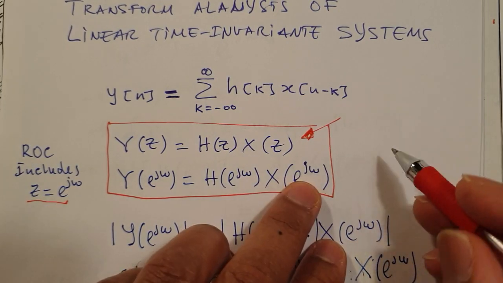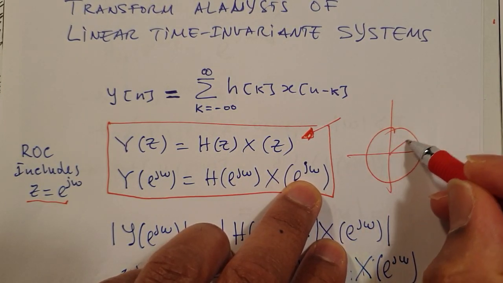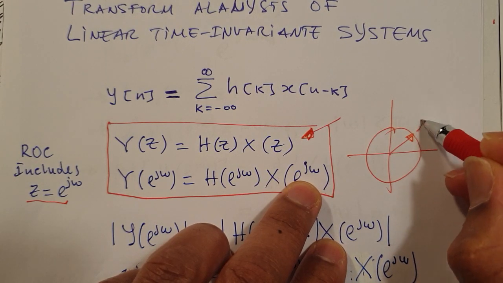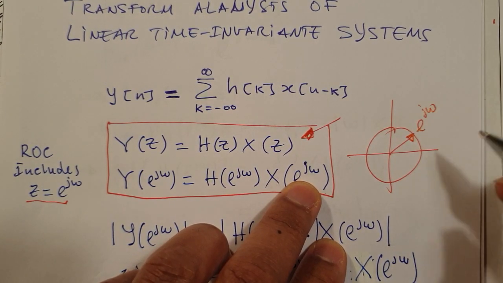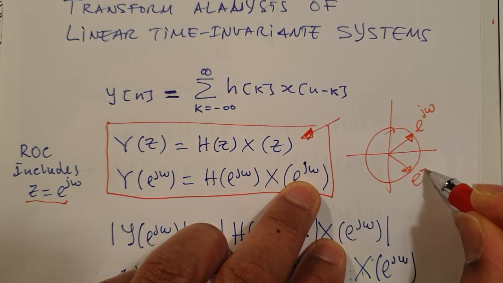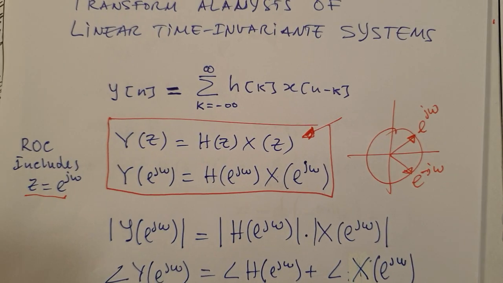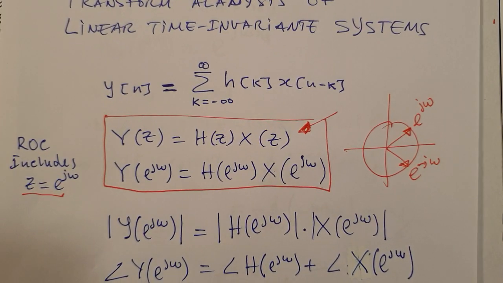Okay, so only in that case, this is e to the j omega, can be plus or minus rotating. So now from here we can extract a lot of things.